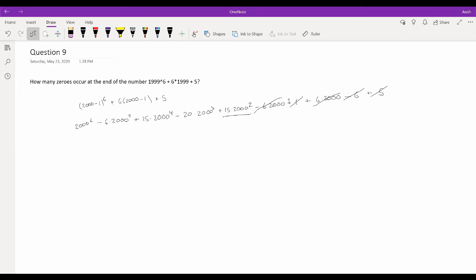But actually, you can rewrite this. If you move one of the 2's from one of the 2000s to the 15, this becomes 30 times 2000 times 1000. And here we can see there's 1, 2, 3, 4, 5, 6, 7 zeros, and this would just become 60 million. So the number of trailing zeros on this expression would be 7, and that would be our final answer.